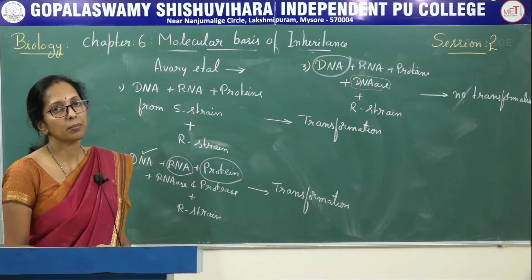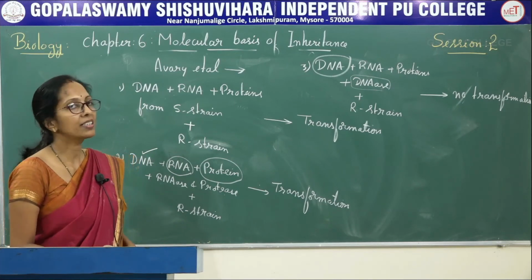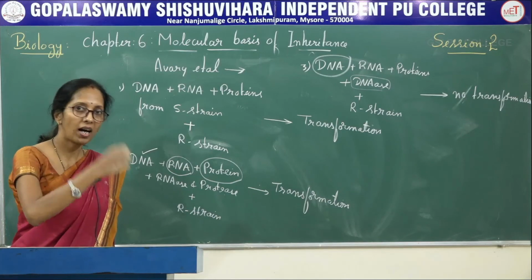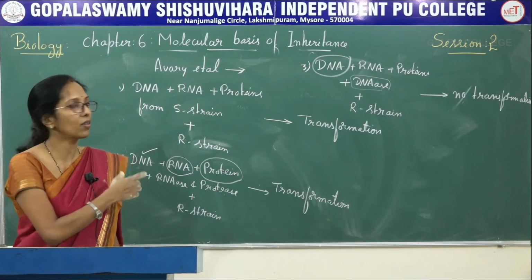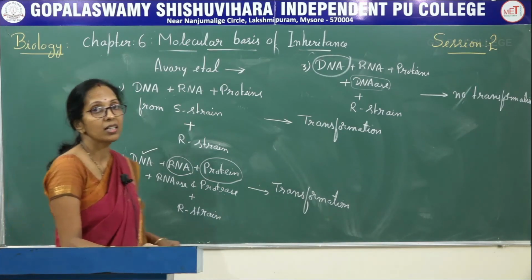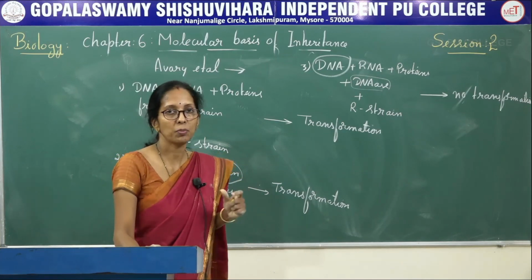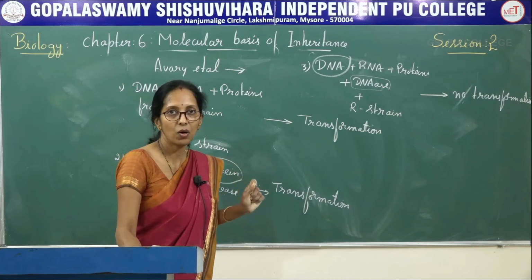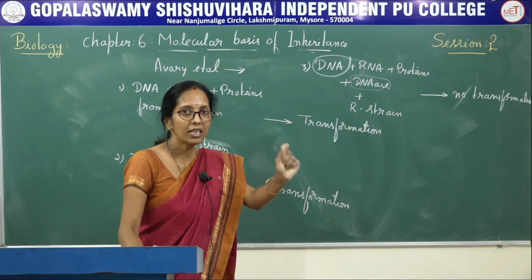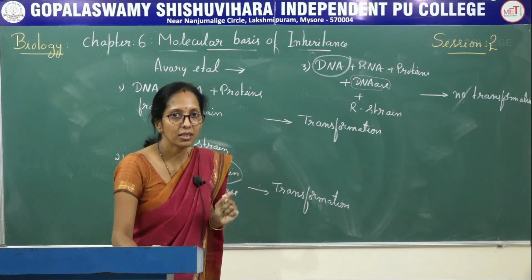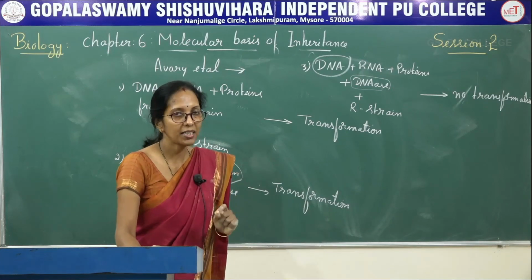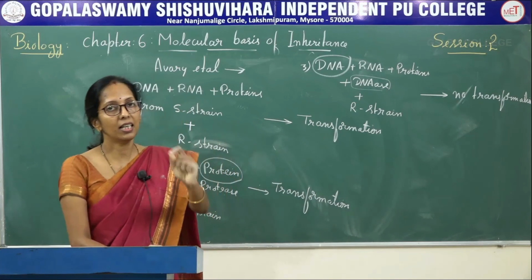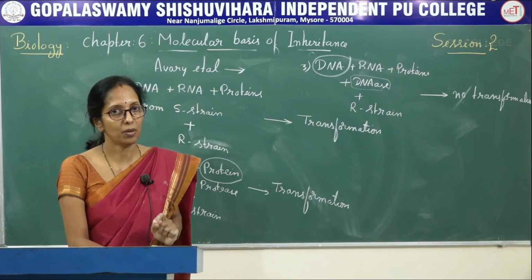Experiment. So, what is meant by transformation? It is the movement of genetic material from one organism to another organism. First, Griffith conducted experiments on mouse. Live S strain is injected into the mouse. It dies because it is virulent, and then the heat-killed S strain is injected into the mouse.